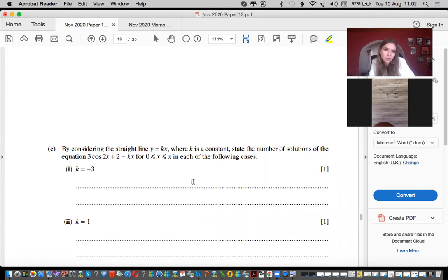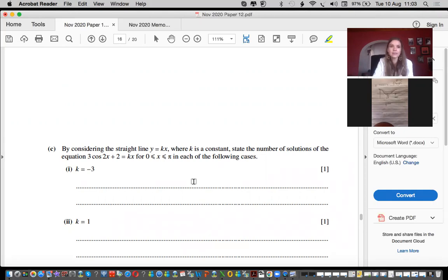By considering a straight line, y is equal to kx. A straight line without a c value means you have to go through the origin. Okay. K is then your gradient, it looks like. State the number of solutions when this straight line intersects your curve between 0 and pi.